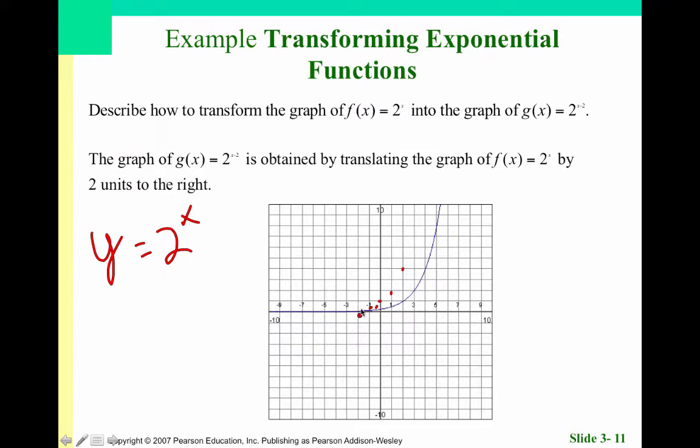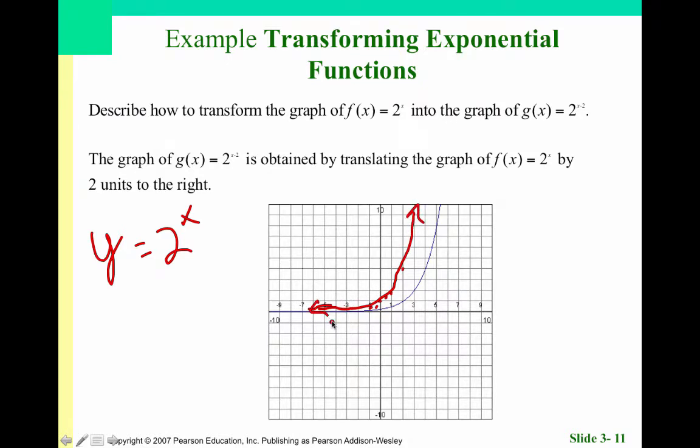And 2 to the negative 2 is 1 over 4. And 2 to the negative 3 is 1 over 8, and so on and so forth. Oh, I guess 2 to the half. Yeah, that's going to be right here. Sorry, I meant negative 1. Whoops, I can't draw a very straight line. And we go up. There we go.